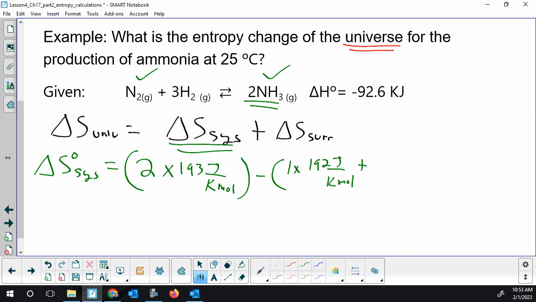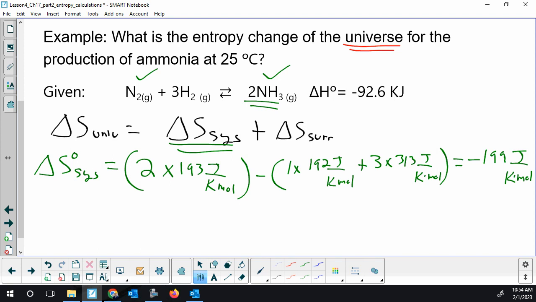And last, we have 3 units of hydrogen. And I get almost minus 200 joules per Kelvin per mole.